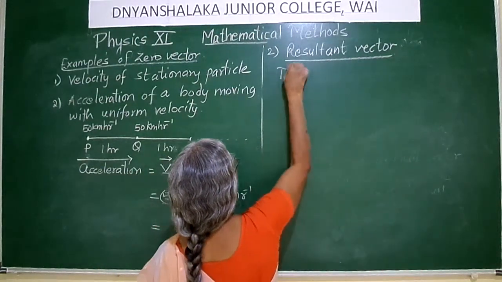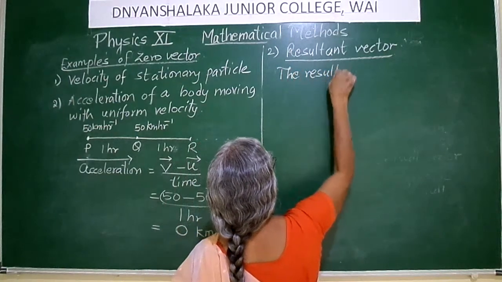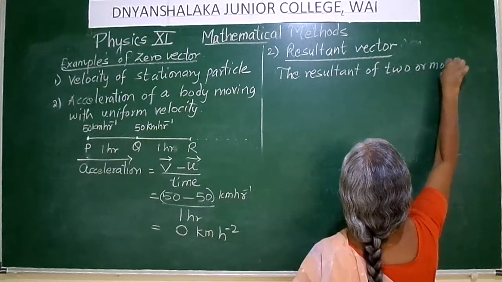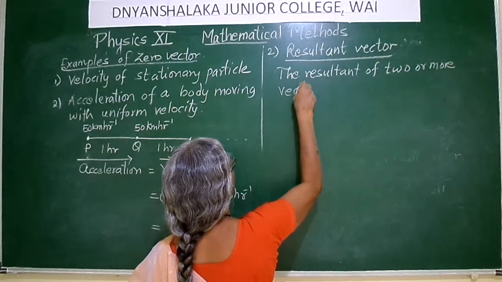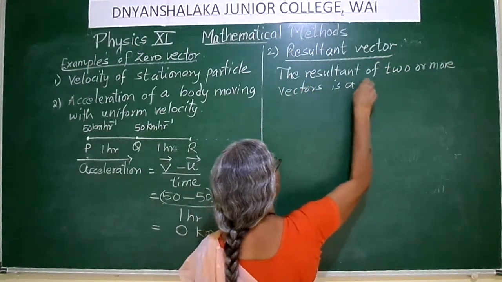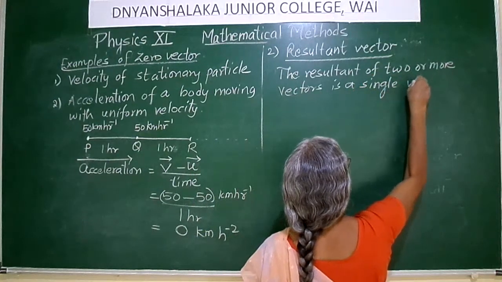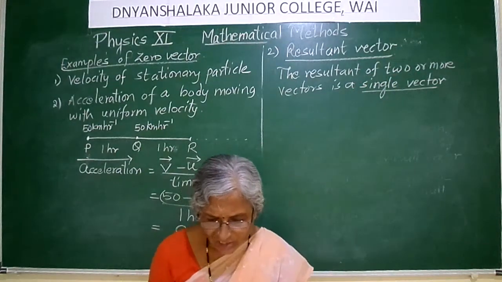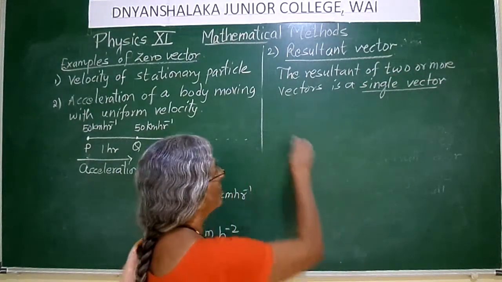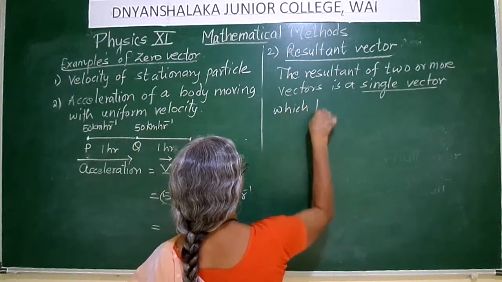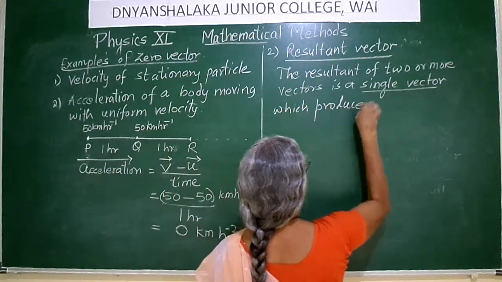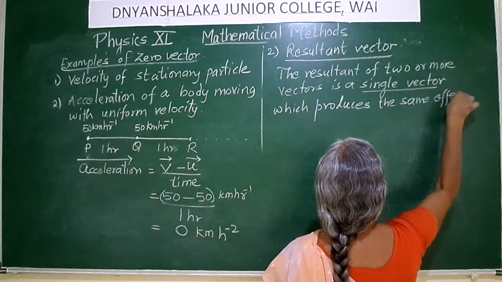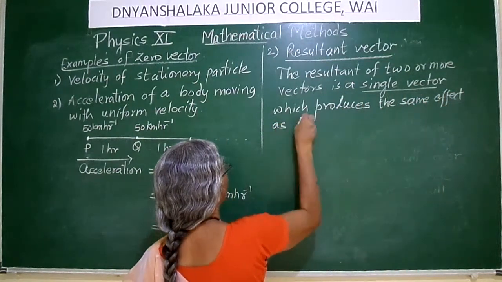We define it as: the resultant of two or more vectors is a single vector which produces the same effect as these vectors.